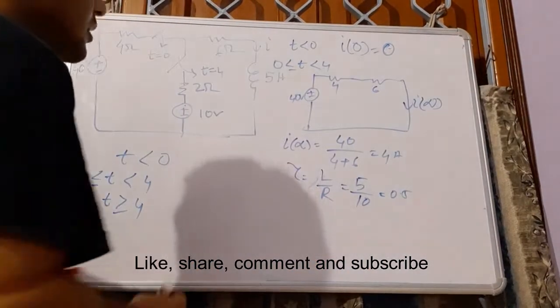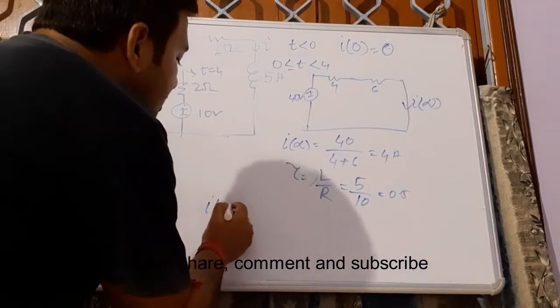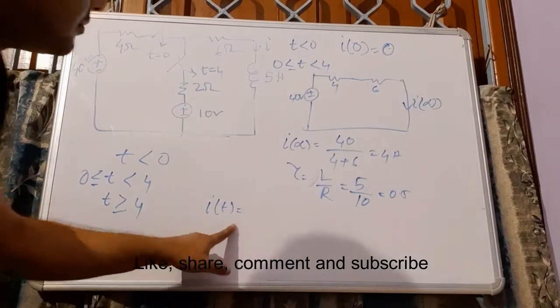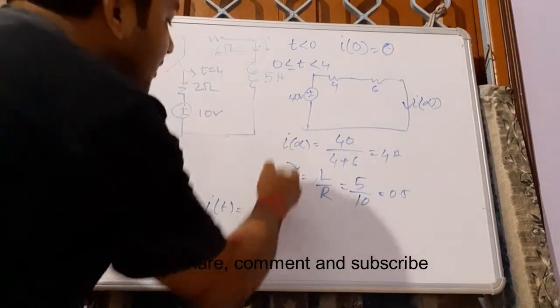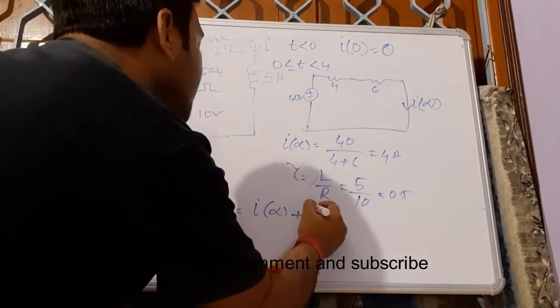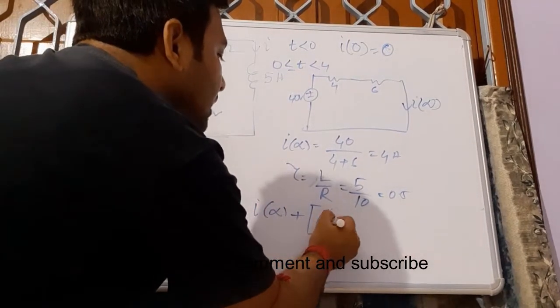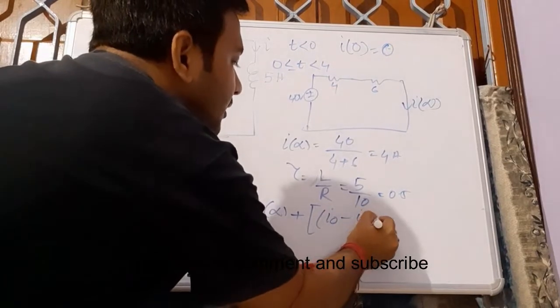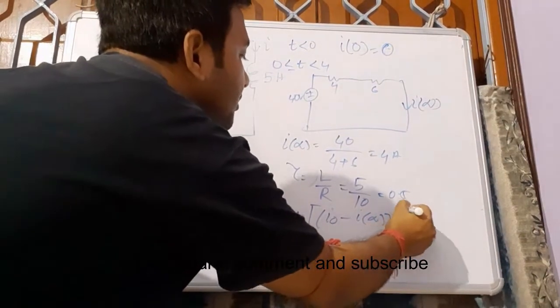So I(t) will be, we know the formula, I infinite plus (I0 minus I infinite) e to the power minus t by tau.